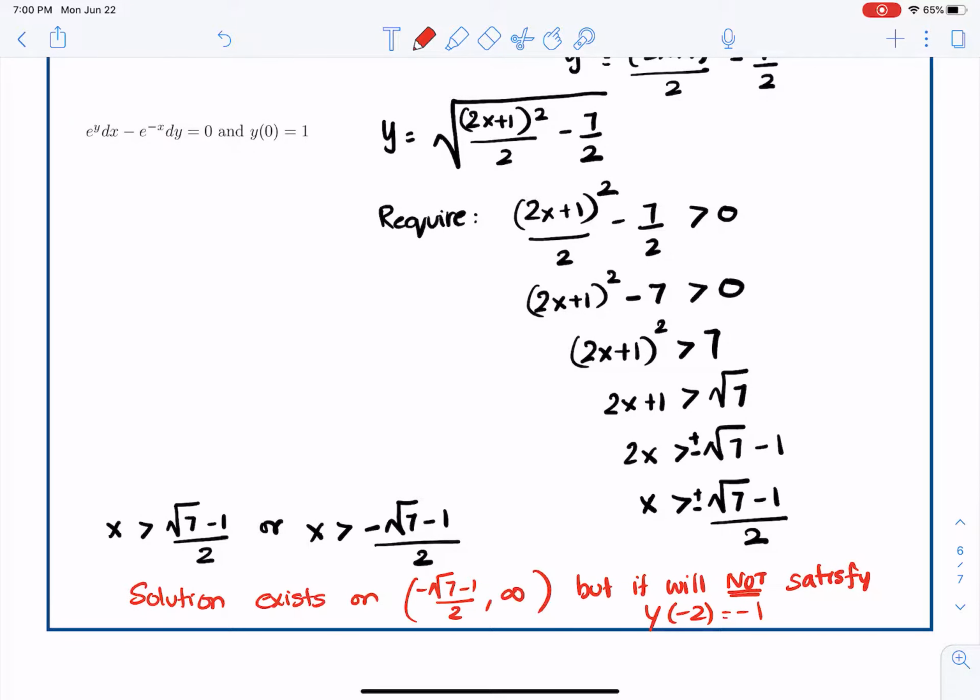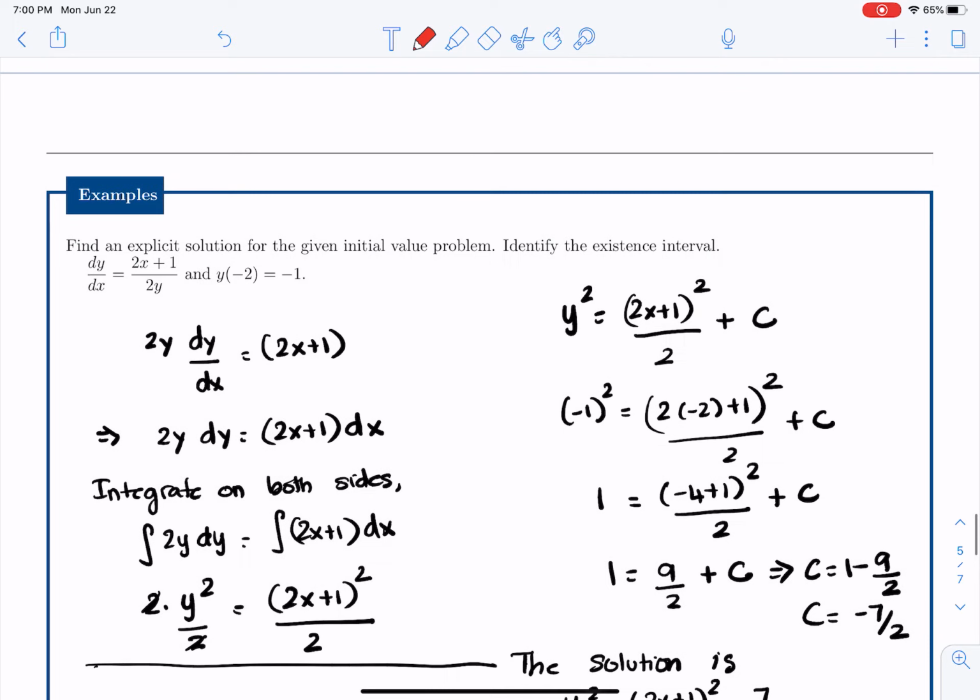We were able to find a solution, but unfortunately the existence interval goes against what we need in order for a solution to exist. That is, y of minus 2 must equal minus 1. That is a condition that we have for the problem.